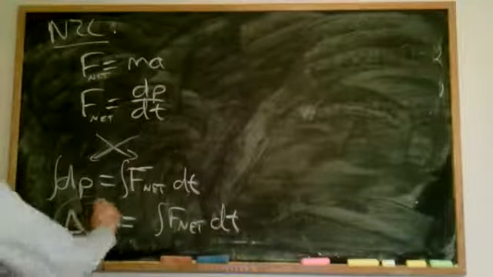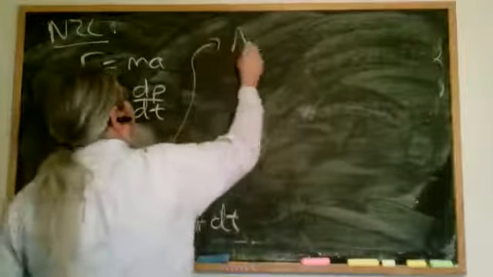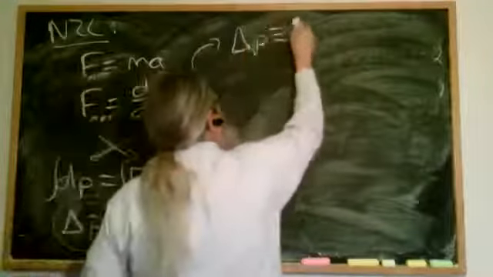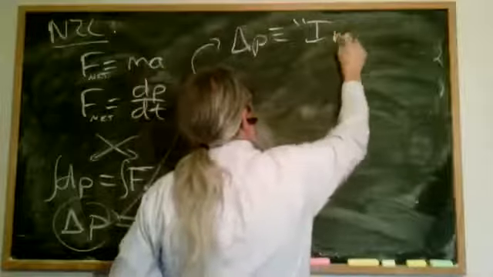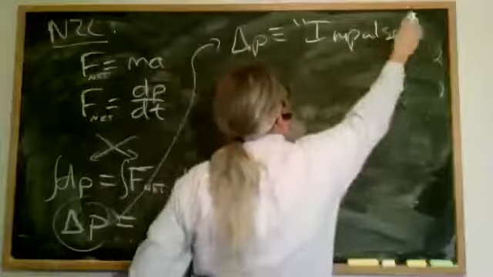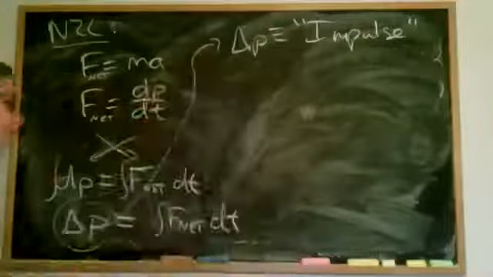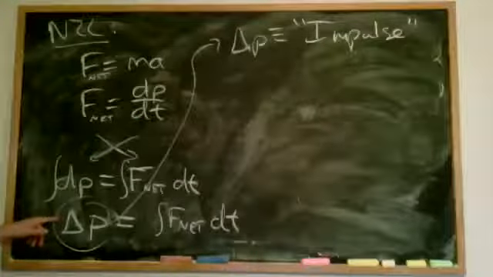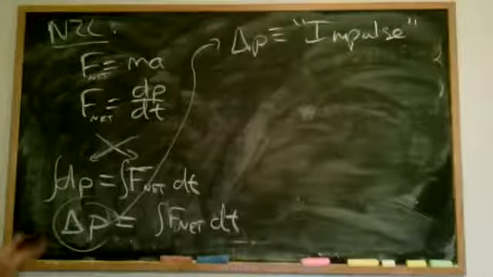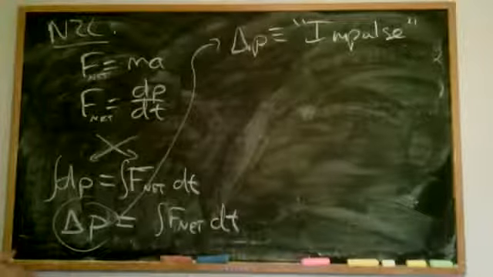So this thing has a name. Delta p is defined as the impulse. If you're reading a physics question and anybody asks you what's the impulse, all that means is the change in momentum. So impulse doesn't make sense unless the momentum has changed.